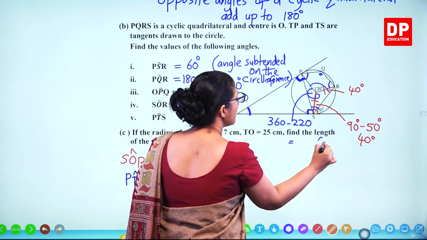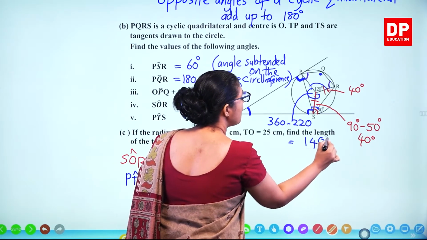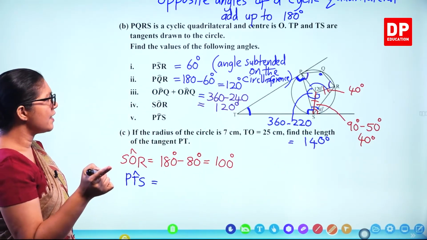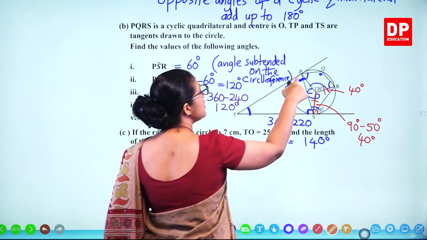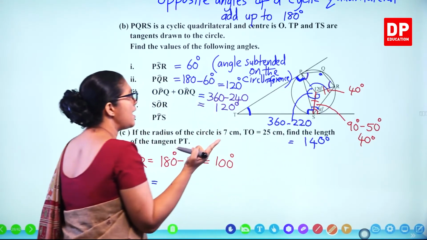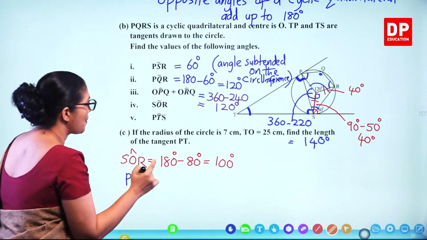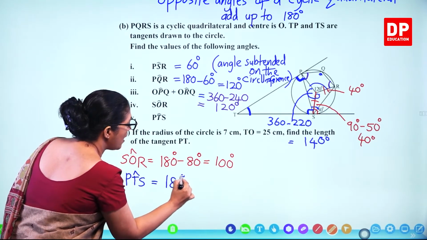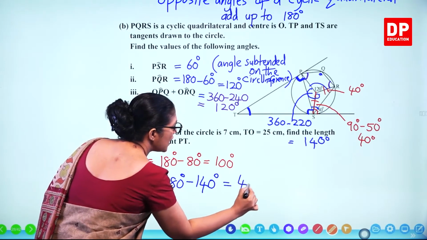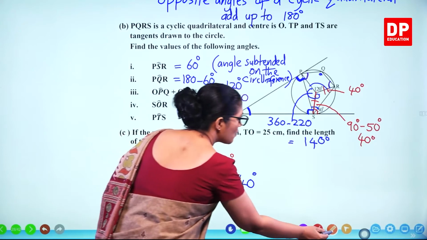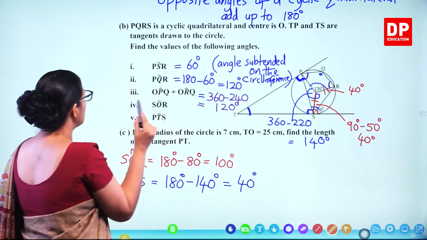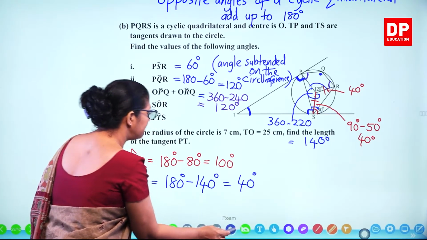So you get here 140 degrees. Now look at the quadrilateral again. 90 and 90 becomes 180. So these should be 180. So what is PTS? 180 minus 140. So that's 40 degrees. So easily you can find out those angles. Now we'll do part C.